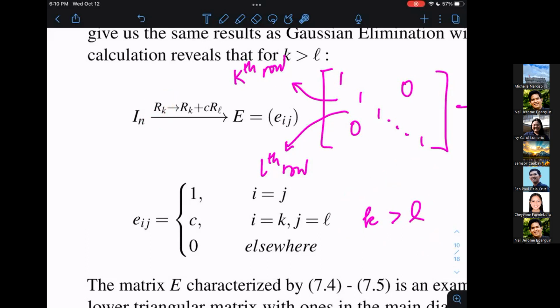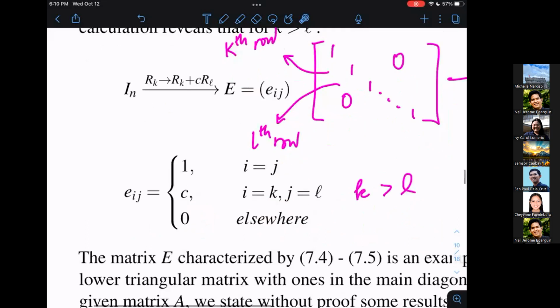Dapat ang K ay greater than L. Kasi nga, yung elementary matrix corresponding to a row translator ay kamukhang-kamukha ng identity, pero yung entry on the kth row and lth column ay nababago lang by a constant C. And C will be non-zero. So para makakuha ko ng lower triangular, I would like to impose the use only of row translators wherein K is greater than L.